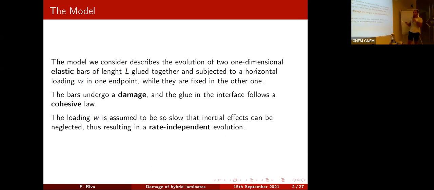We also assume that the loading, namely the boundary condition, the hard device, is slow, so that all the inertial effects can be neglected, and the evolution is quasi-static or rate-independent. We already saw this name in Riccarda's talk yesterday.